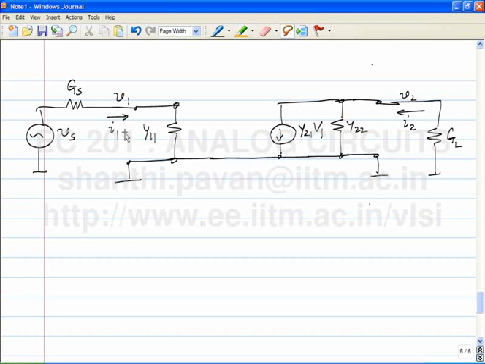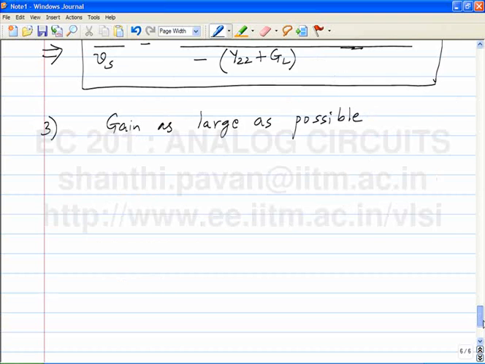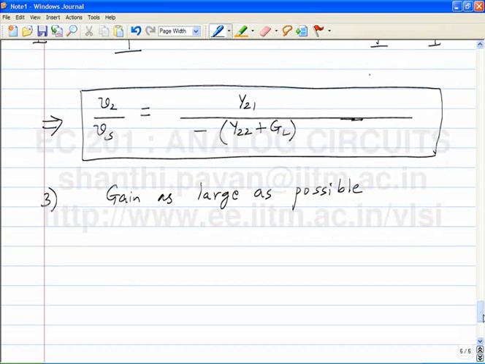So what is the gain now after we've eliminated the dependence on GS? Now we want the gain as large as possible, which means what? Denominator should be as small as possible and numerator must be as large as possible.